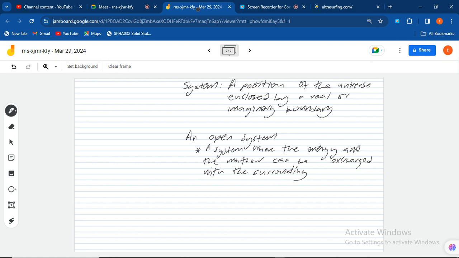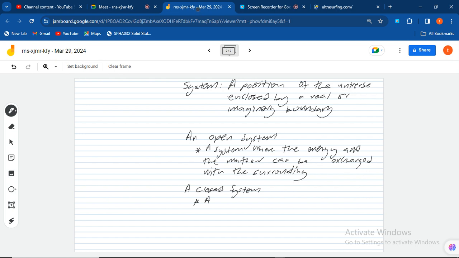We also have what we call a closed system. What is a closed system?